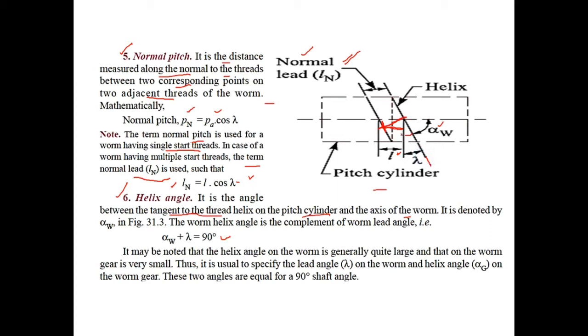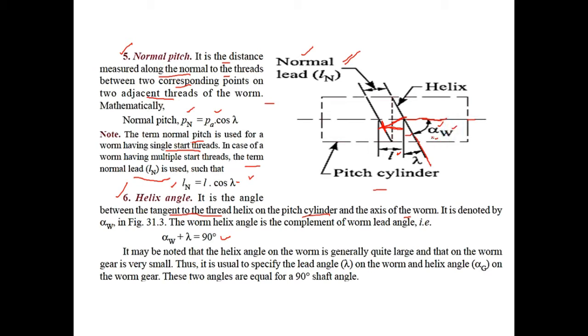So this is the axis of the shaft or axis of the worm. Between the axis of the worm and the tangent to the thread helix, the angle alpha is known as the helix angle.